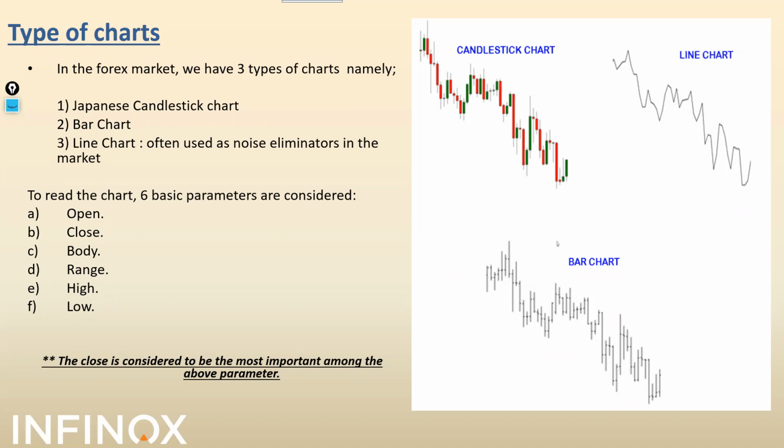Among all the types of charts, the candlestick presents complete, detailed information. So technically, what is a candlestick? A candlestick is a graphical capture of data covering the open, the close, the high, and the low of the price over a period of time.